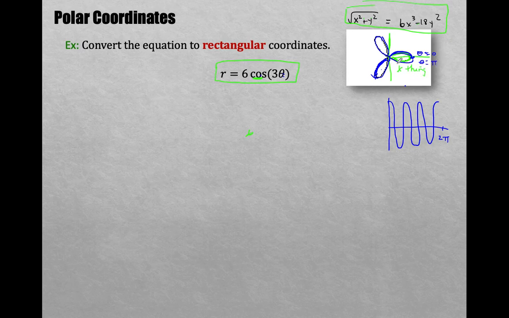So how many times will you trace this entire polar graph in this distance of 2 pi? If we think about this 3 down here meant 3 cycles in a horizontal distance of 2 pi.